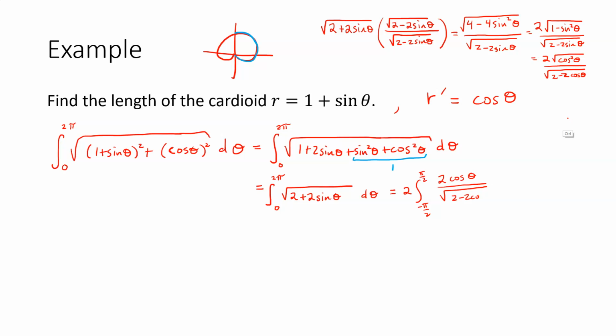Oh, sorry, this should be sine theta down here, not cosine theta. And why is this better? Now it's in a form where we can substitute. I can let u equal 2 minus 2 sine theta, and then the derivative will be a multiple of the cosine theta that we have up here.